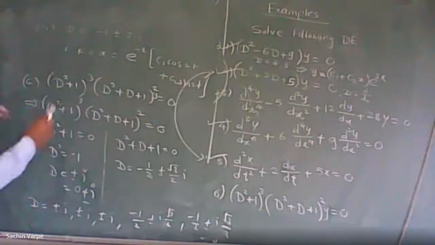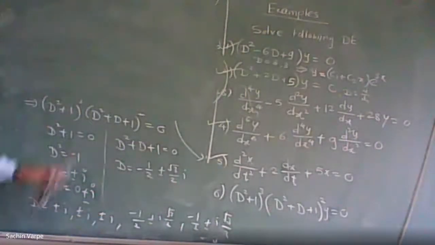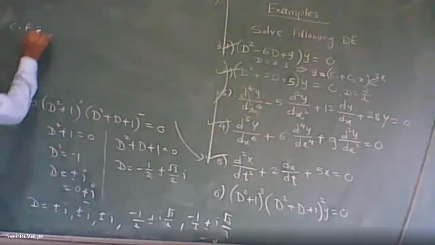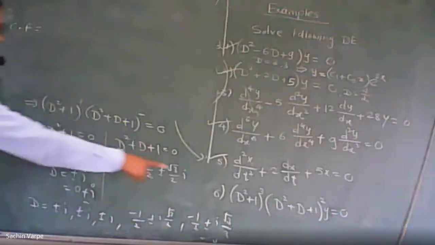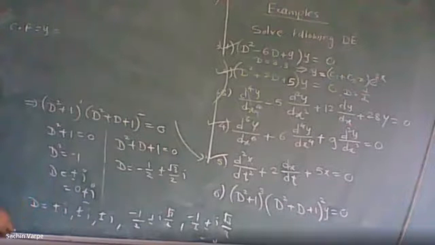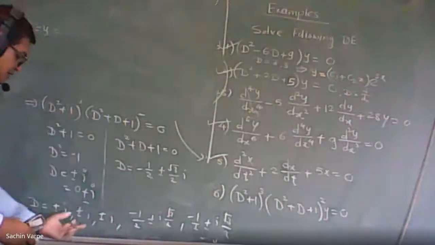Let us write the complementary function for this. Such questions will be asked in competitive examinations. The complementary function is the value of the dependent variable y, equal to the following. The order is not important here, so we can use this root or that root. Let us use the first root.